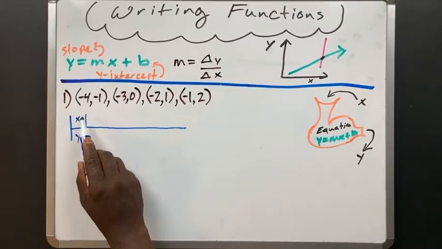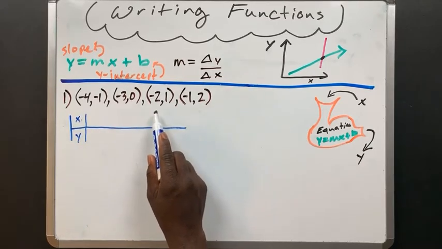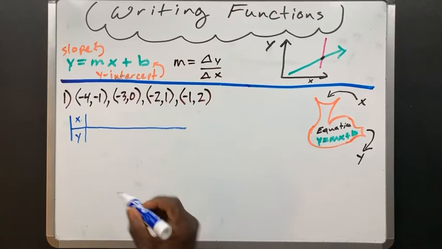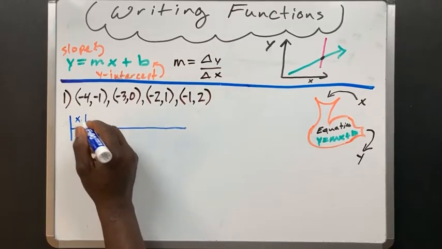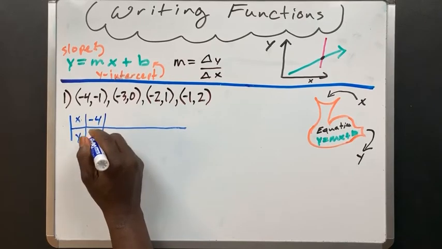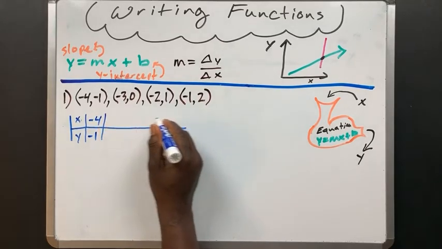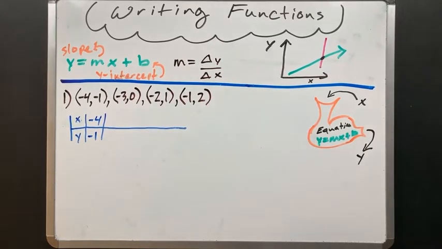So looking at the coordinates, -4, -3, -2, -1. You can write it this way. You can say, okay, -4 for x and y is -1. You can do it like that, or you can just write all the x coordinates and all the y coordinates. It's up to you.